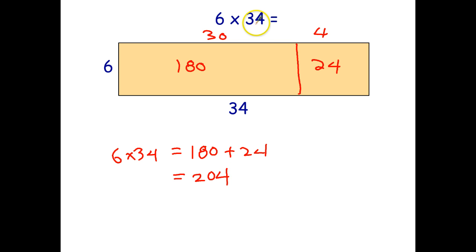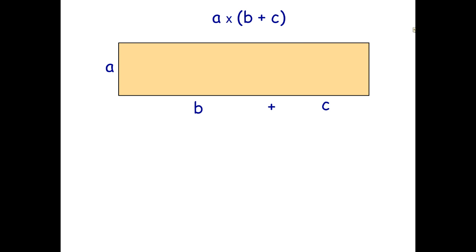So by splitting the 34 up into 30 plus 4, and multiplying the 6 by the 30 plus the 6 by the 4, it turns out to be a quick, good way to multiply mentally. So let's look at the same question, but this time using some variables rather than numbers. Well, I want to rewrite a times b plus c the same way. So I start the same way as before. I split the rectangle. So the area of that rectangle, by the way, is a times b plus c.